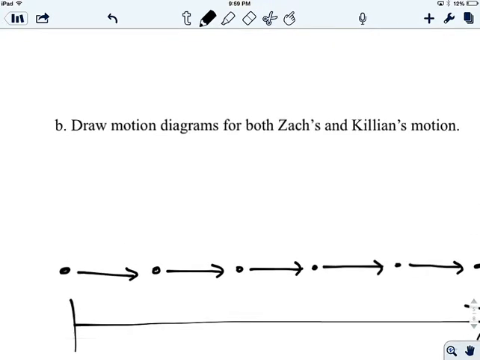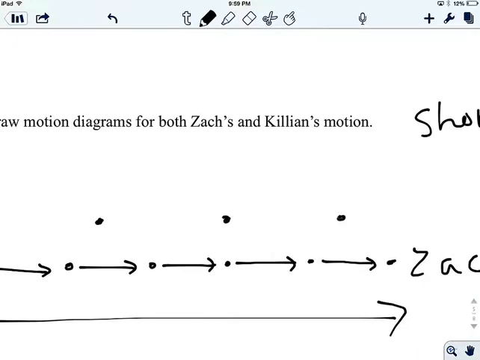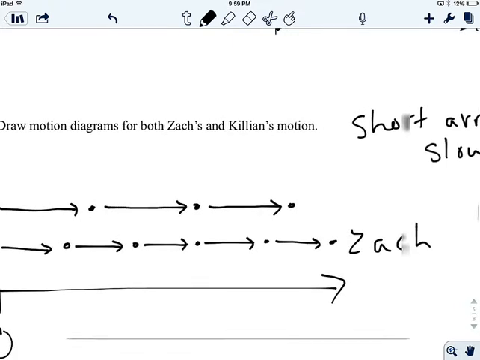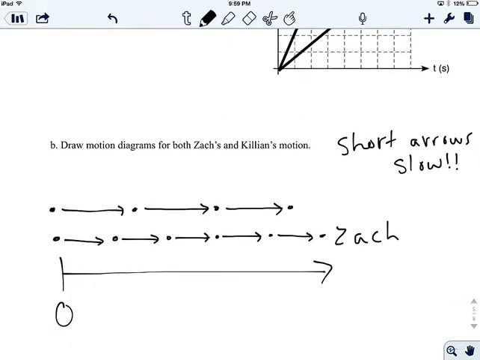Now Killian's going faster, so Killian gets a little bit more space, and Killian gets longer arrows. So now because Killian's arrows are longer, I know that she's going faster than Zach.